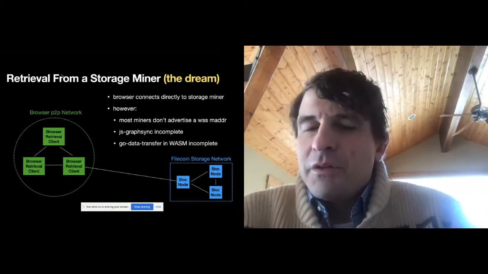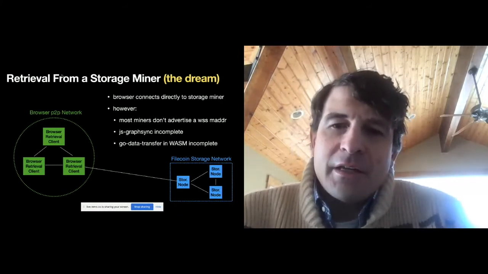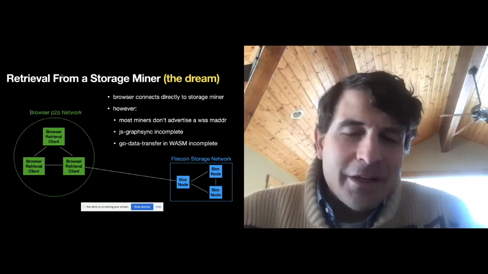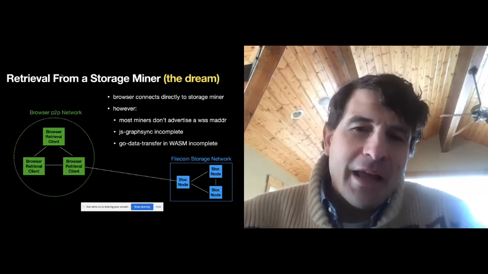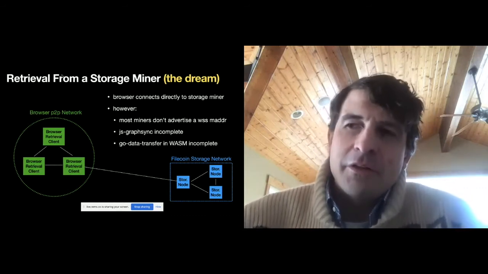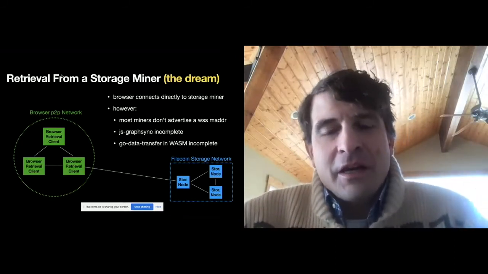So that's one thing. The second is JS graph sync and the Go WASM work is not complete yet. So we have some of these working pretty well. JS graph sync can communicate with Go graph sync in kind of an isolated environment.